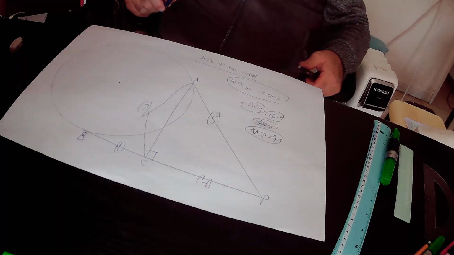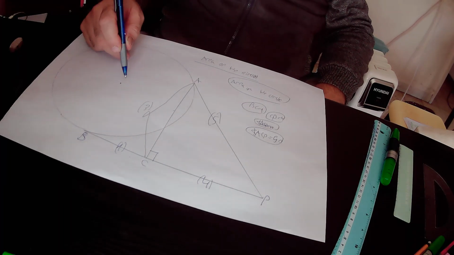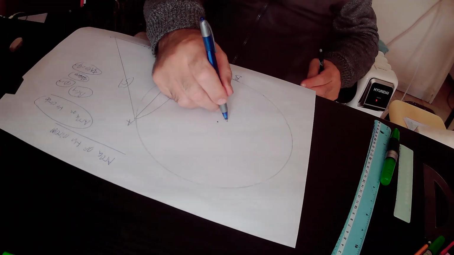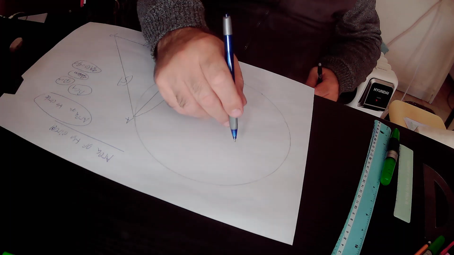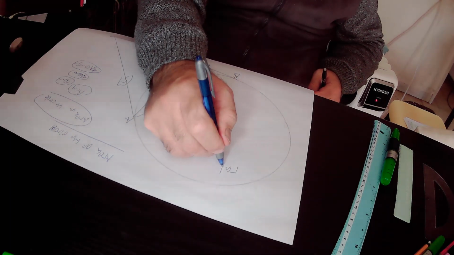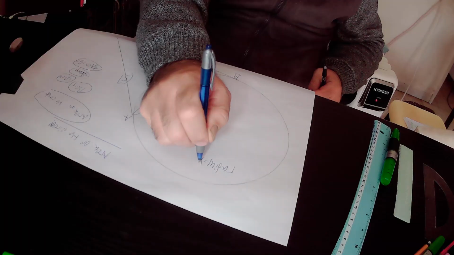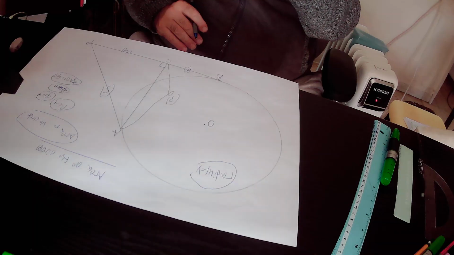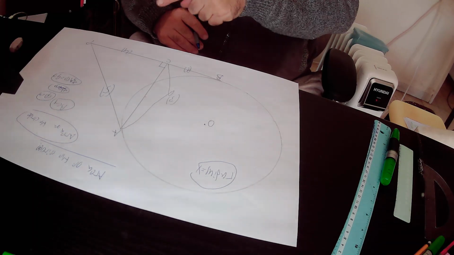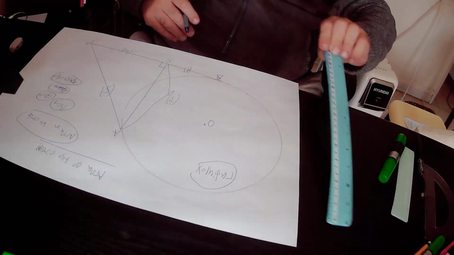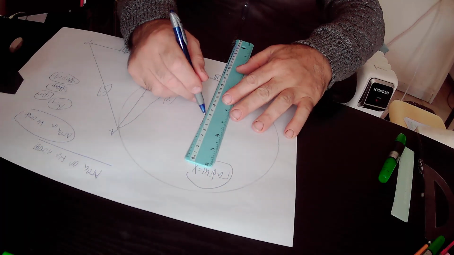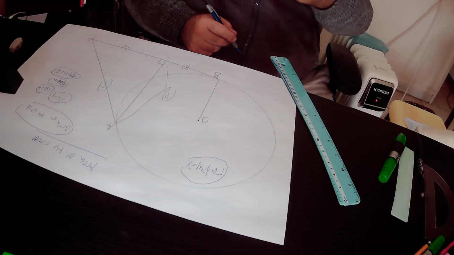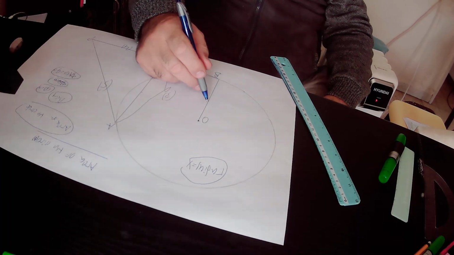The next step, we define the center of this circle. This point is point O. We define the radius of this circle as x. And we join points O and B together by a straight line. Point B is the point of tangency of PB with this circle. Point O is the center of the circle, point B is a point on the circle itself, therefore OB is the radius of the circle, that equals x.